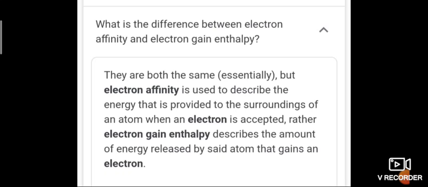For the same A negative ion, when another electron is added, it turns to A minus 2. That is the second electron affinity, and the second electron affinity is negative. So in successive electron affinities, the first is positive and the second is always negative.